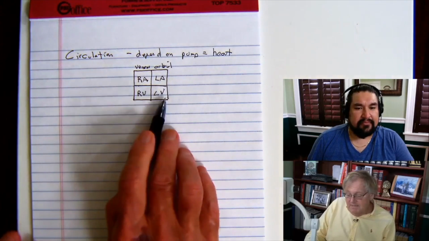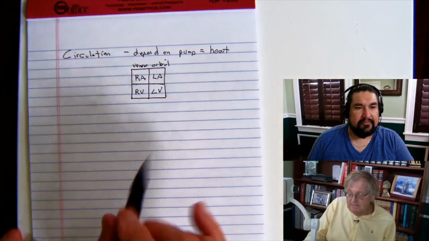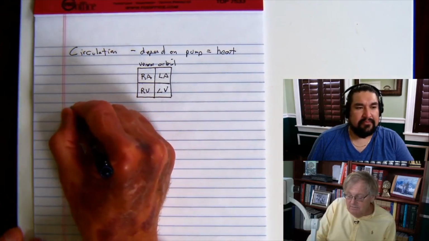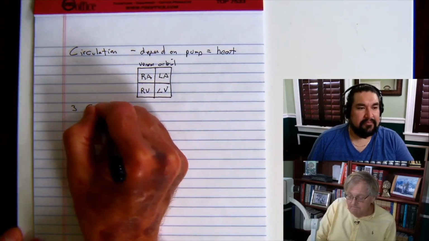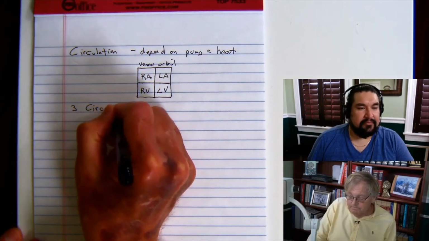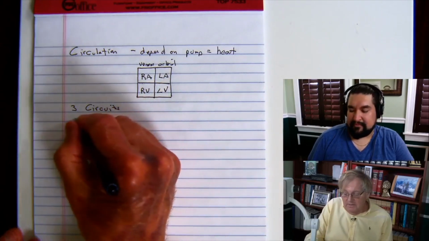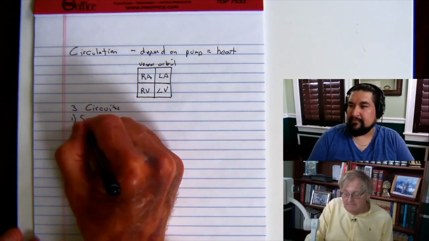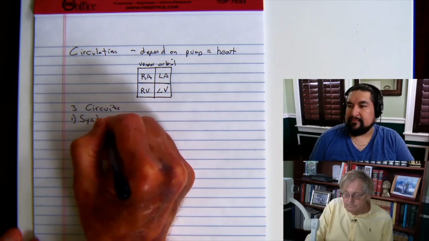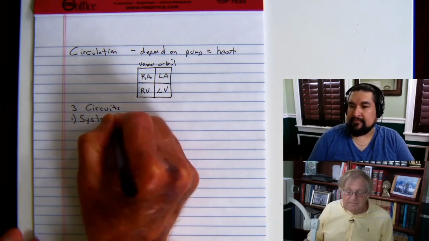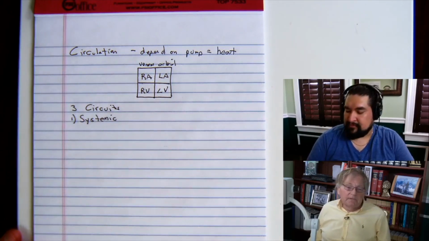We know we're depending upon this pump, and therefore we're going to break the circulation down into three circuits. The first one is going to be called the systemic. And the systemic circuit, just think about it.